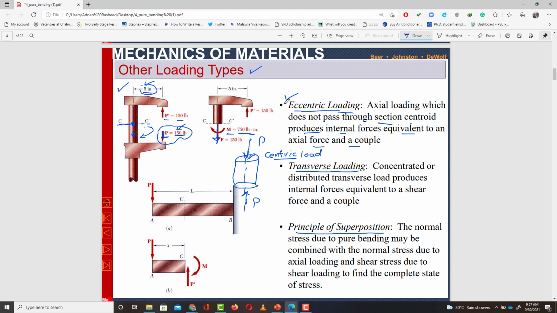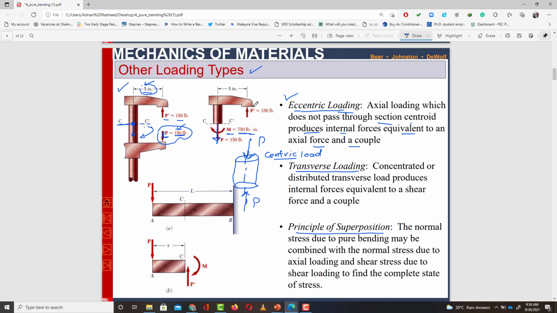This type of loading is known as eccentric loading. Again, those axial loadings which do not pass through the section centroid are known as eccentric loading.